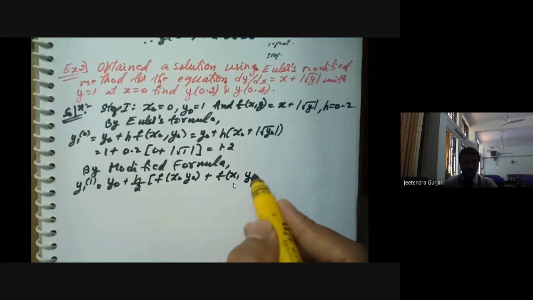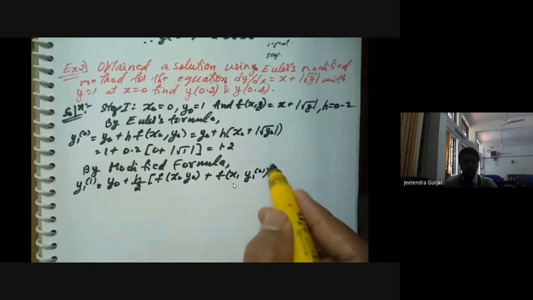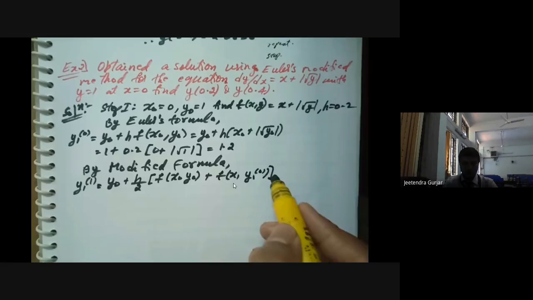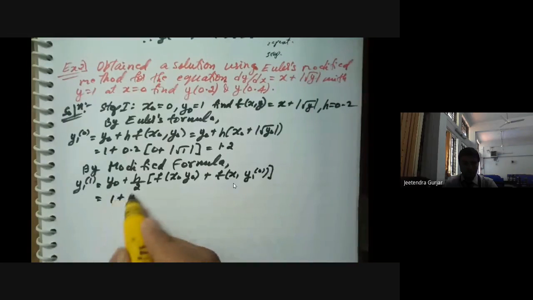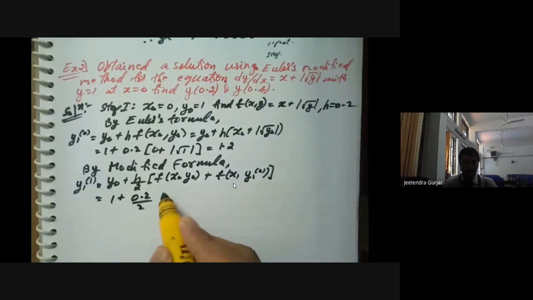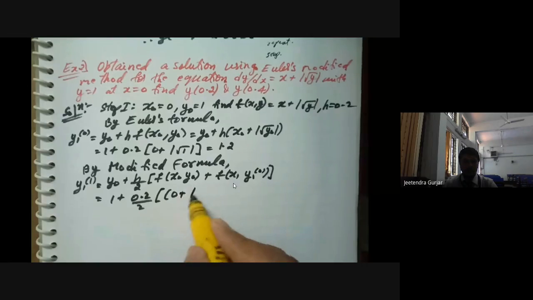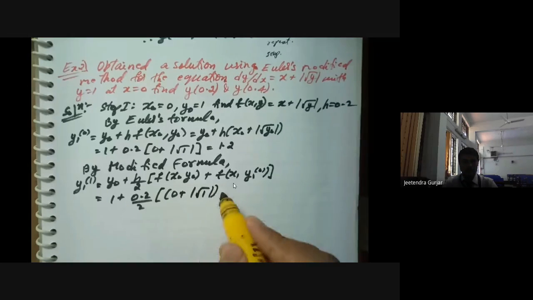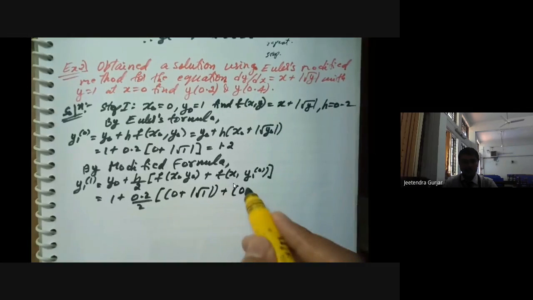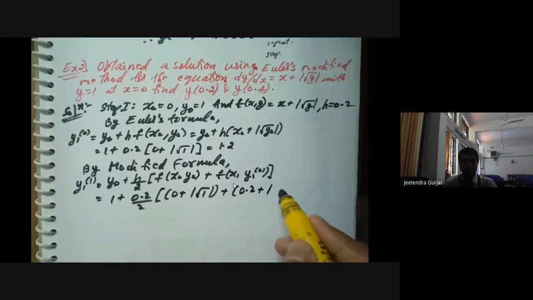y naught is 1, h is 0.2, and then x naught is 0 and y naught is modulus of square root 1. x1 is 0.2. Yes, here x1 is also 0.2 and y1 raised to 0 we have already calculated, it is 1.2. So when you substitute, we get this equation like this.